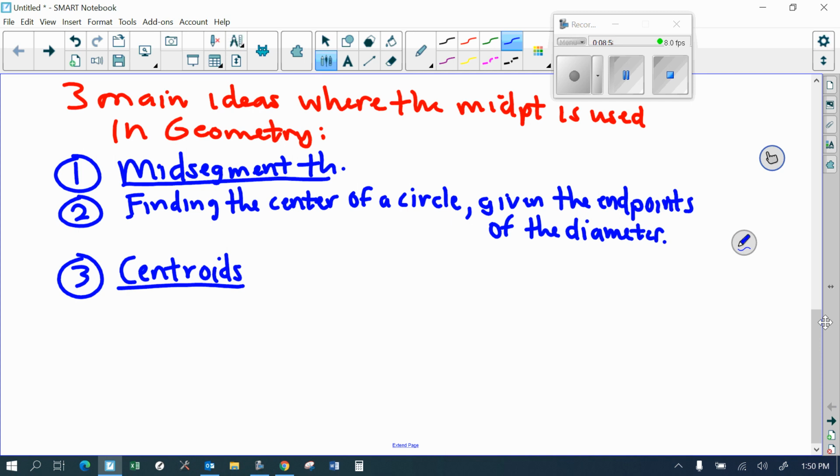Okay. Centroid is finding the median. Okay. Finding medians.